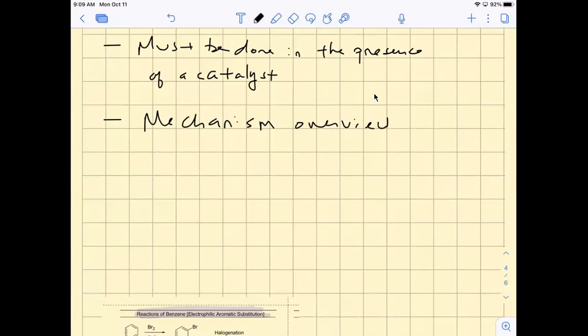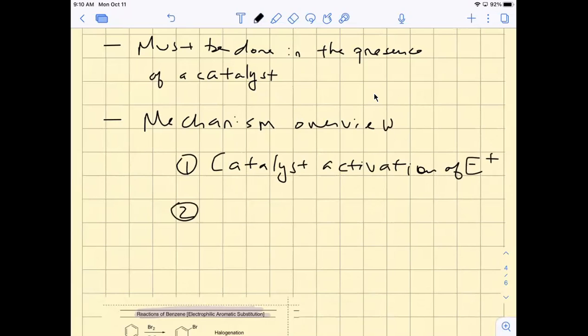So the mechanism is really general. You have catalyst activation of your electrophile. Then you have the ring attacks your electrophile.